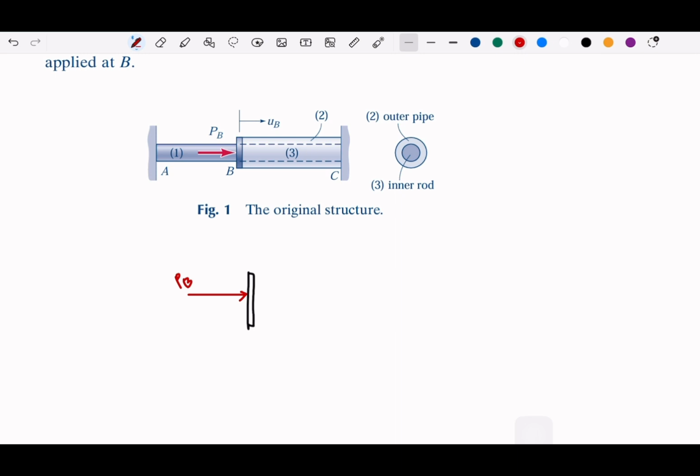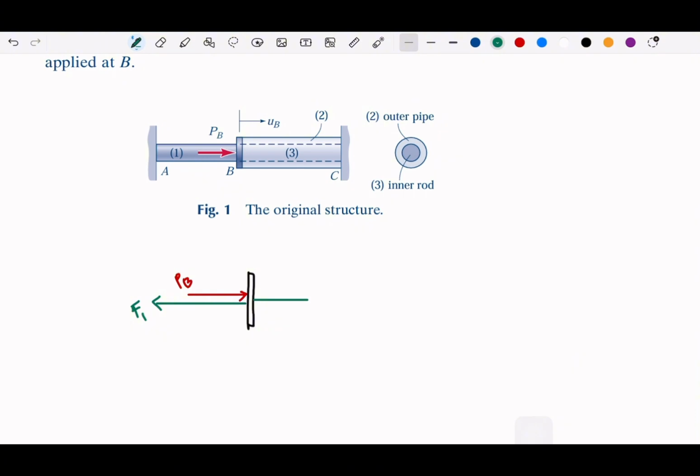We could imagine that when we have external forces in element 1, we have external forces going to the right. To assume that there will be equilibrium, we need to have some force at element 1 which is opposite to PB. We say that this will be F1. And then we have another force in 3, because the external force is on the right and F1 is already on the left.